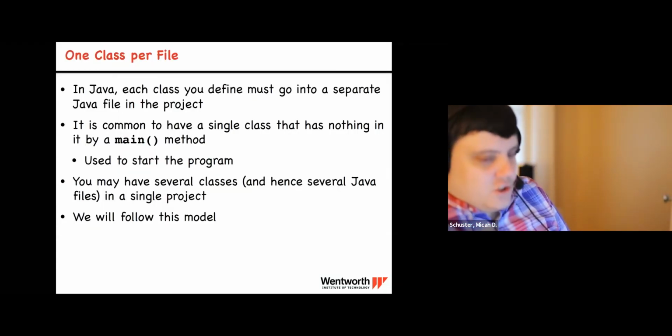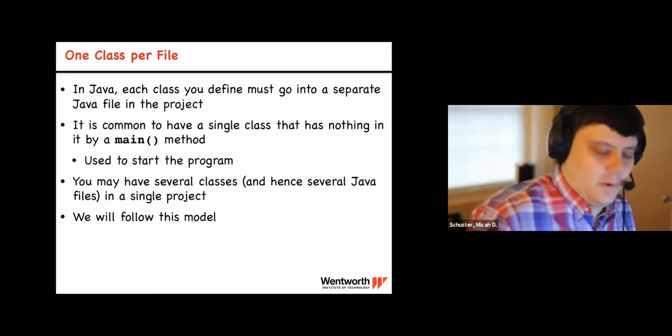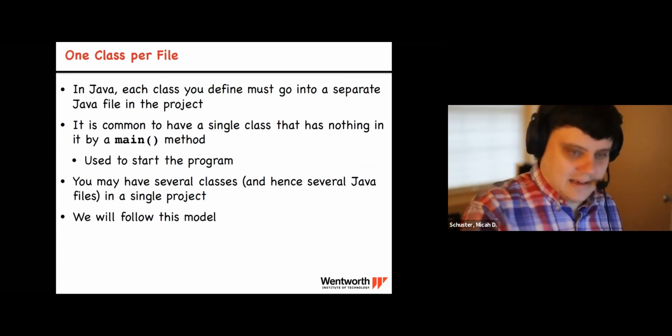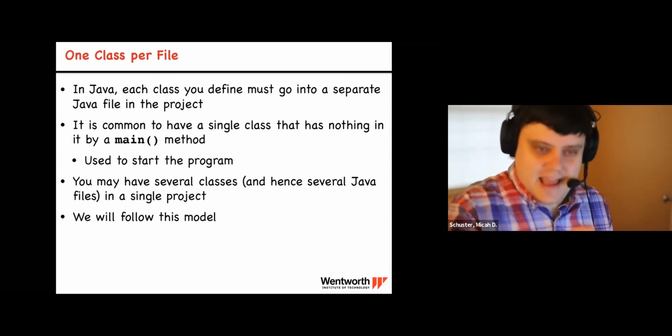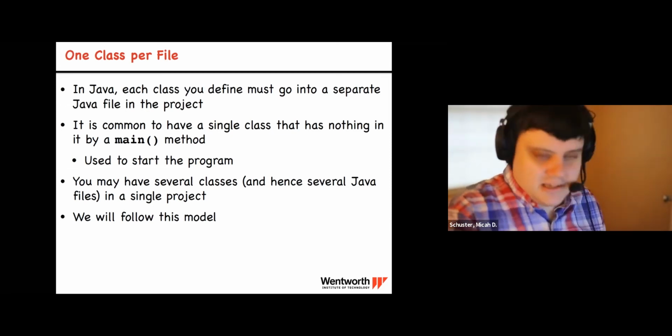It provides you a simple entry point to the program. If someone wants to see what's the first thing that happens in the program, they go to that main class that contains the main method, and they see that it creates a game object and then runs the game. Then they can go to the game object and take a look at what that does.